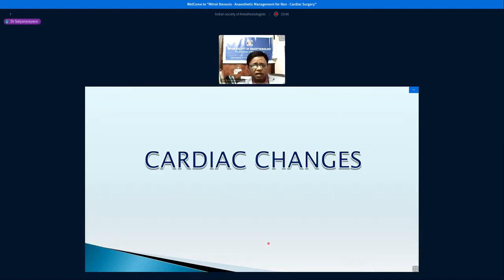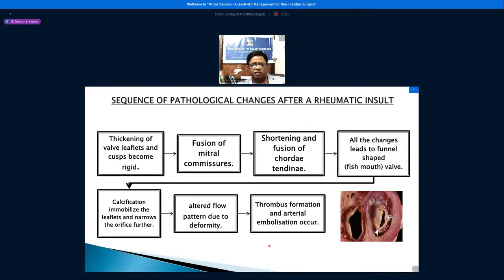Let us see what the cardiac changes are in rheumatic mitral stenosis. This slide shows a sequential order of anatomical morphological changes since the beginning of the disease.